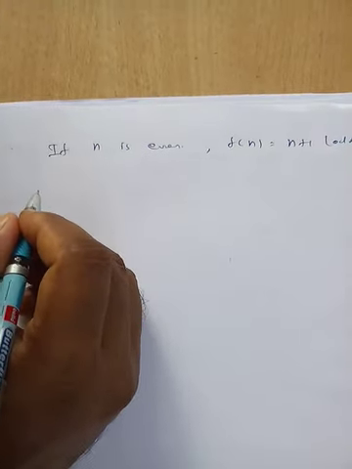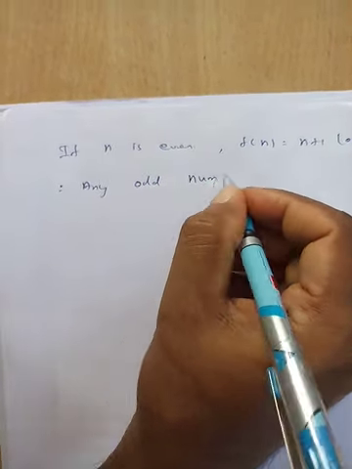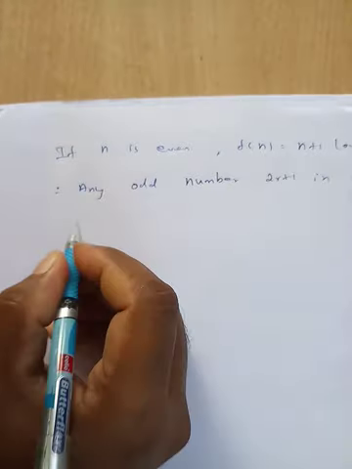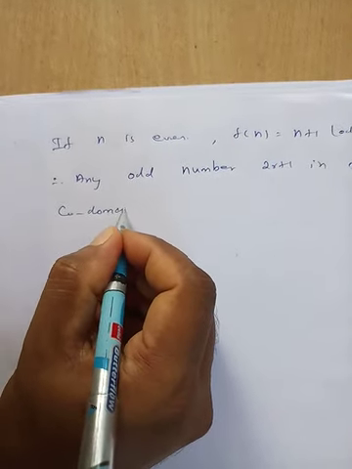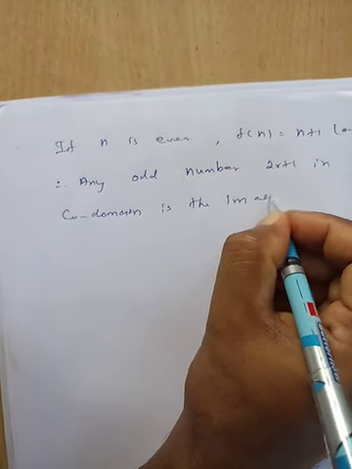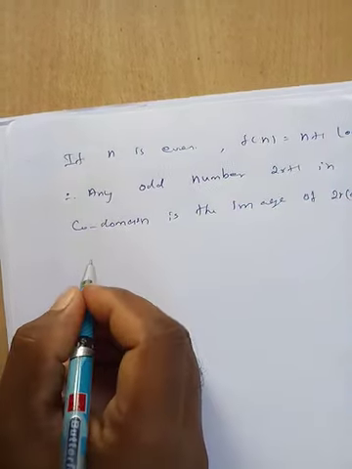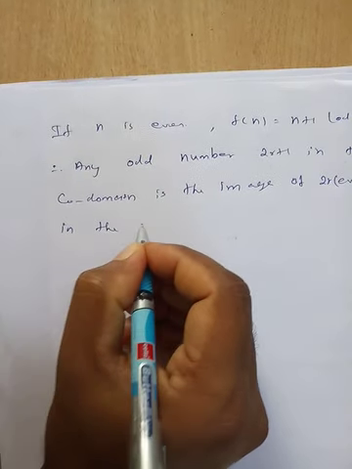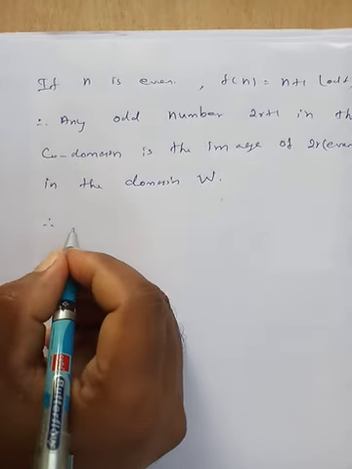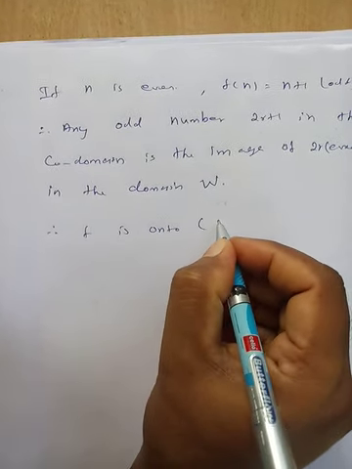Therefore, any odd number 2r plus 1 in the codomain W is the image of 2r, which is even, in the domain W. Therefore, f is onto, or surjective.